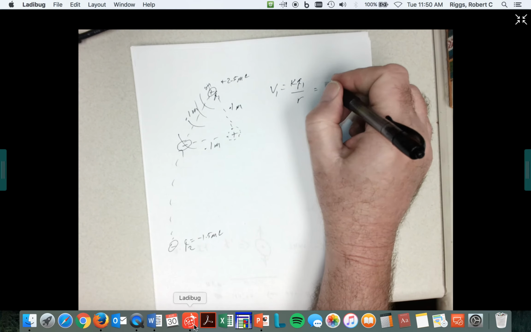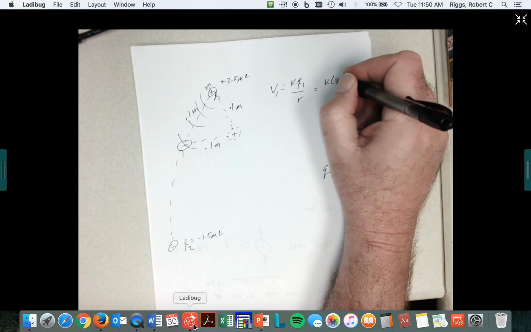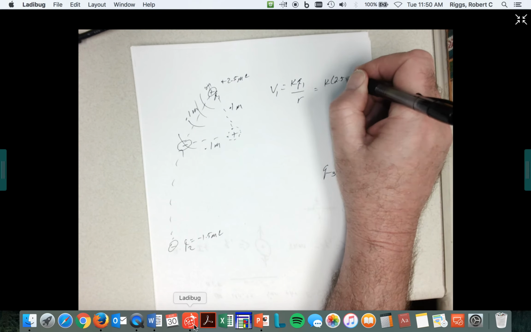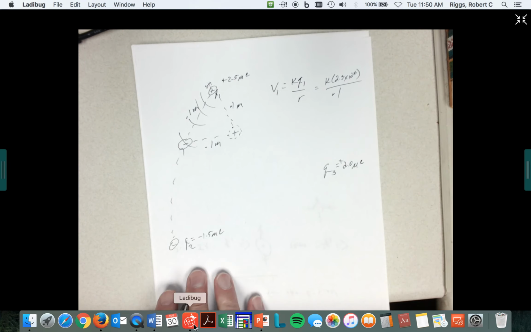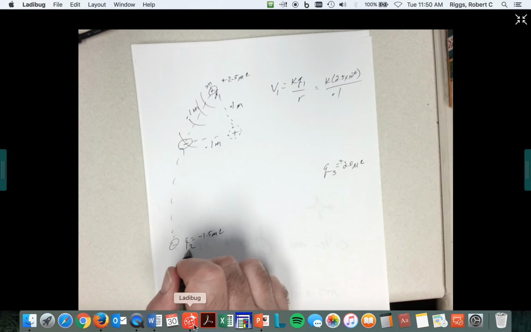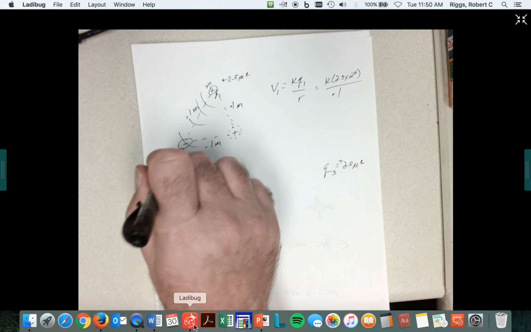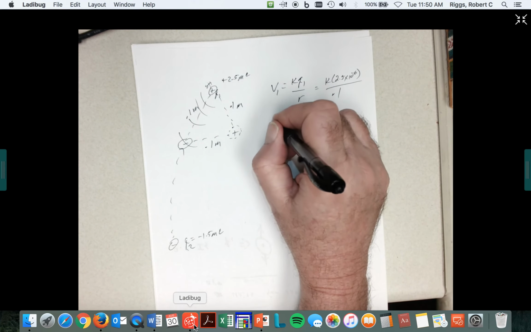So this would be k times 2.5 times 10 to the negative 6 over 0.1. That's V1.